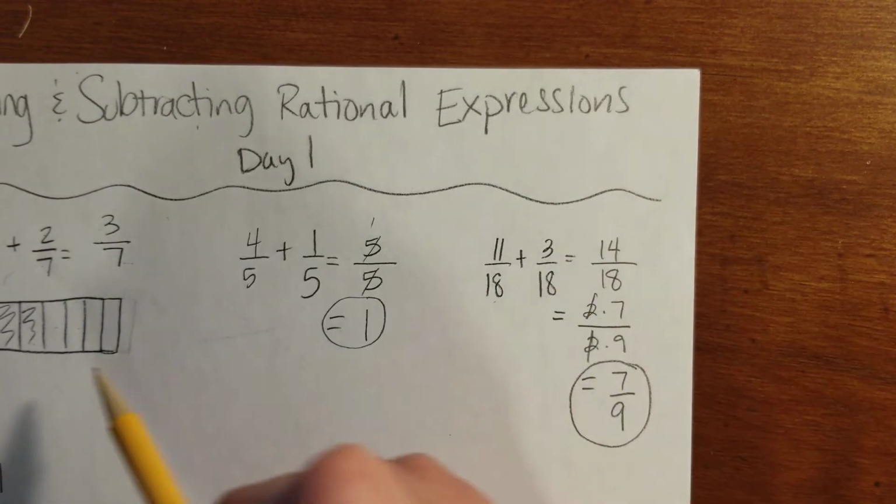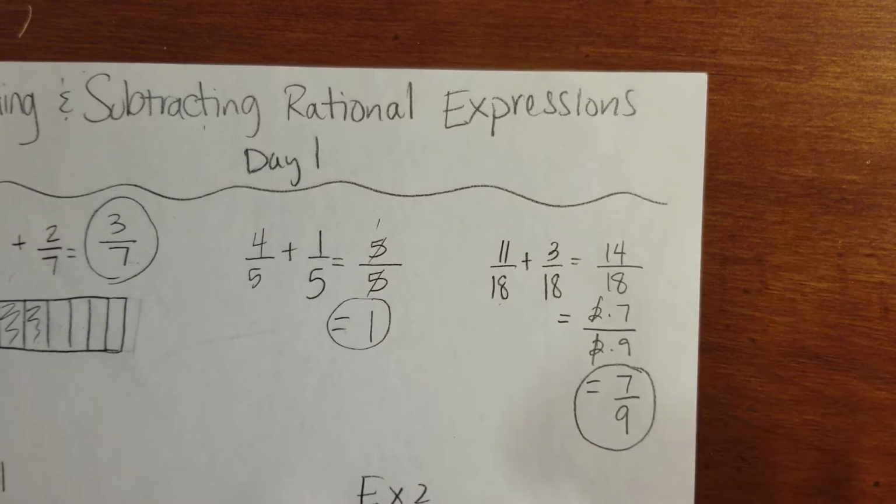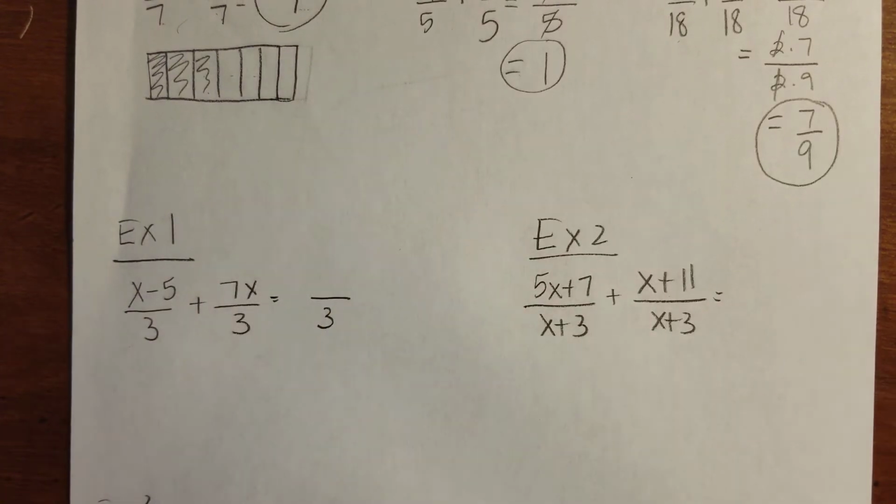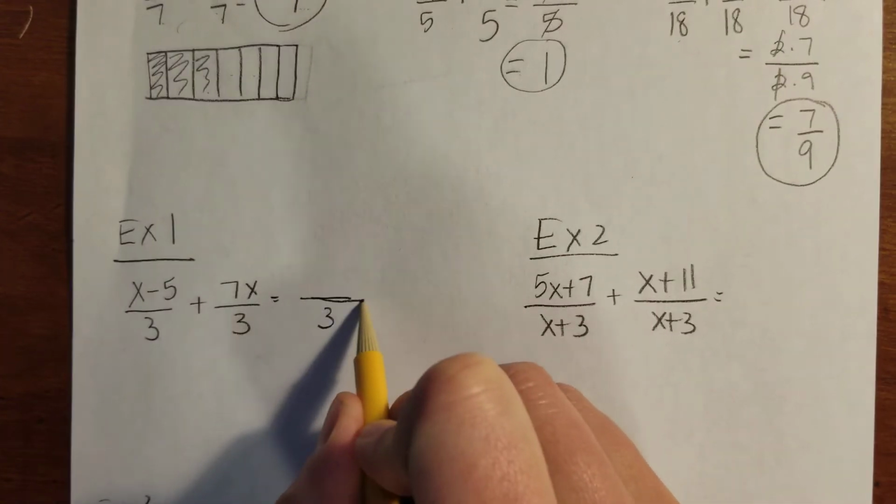So we're going to use this strategy to help us add and subtract rational expressions, so something that looks like this. Okay, so let's take example 1. We've got x minus 5 over 3 plus 7x over 3. You probably noticed they already have the same denominator, which means we get to keep that denominator. And then all we need to do is add the numerators.